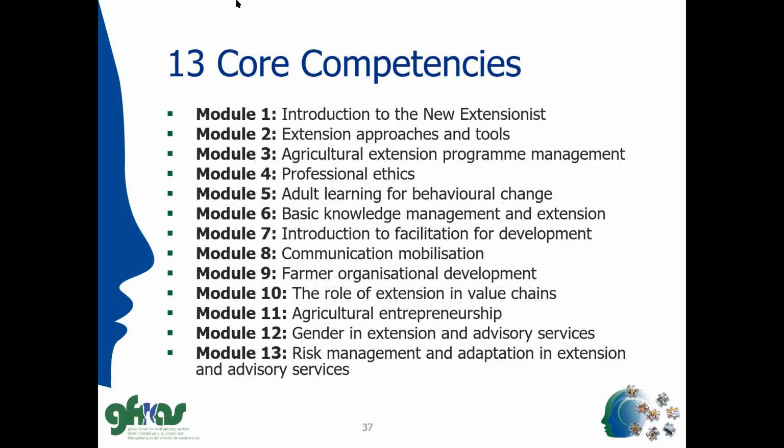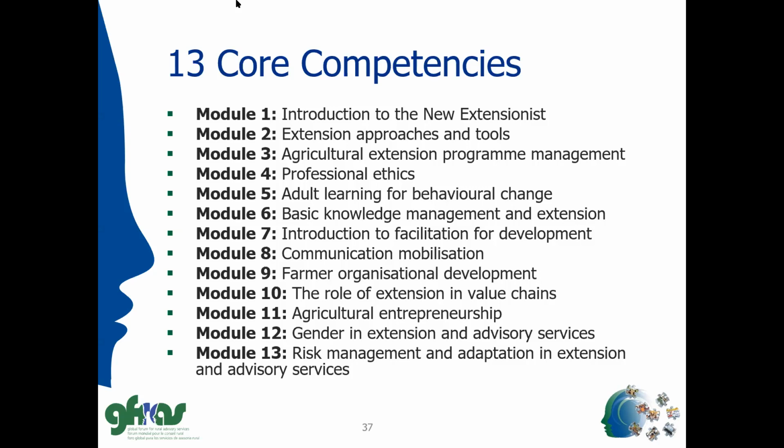But some of them, I think the value chains module, the ag entrepreneurship module, and also the program management, are really long, and they might need to be split into several different sessions. What we're doing today is the introduction to the new Extensionist. It sets the scene and says why we're doing this and why these competencies are important.